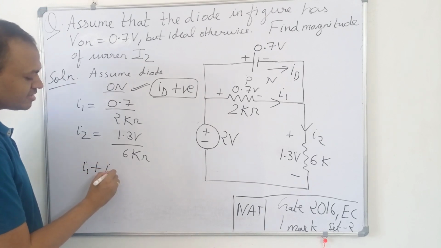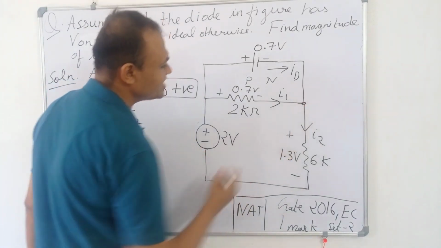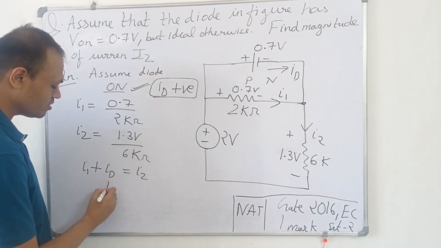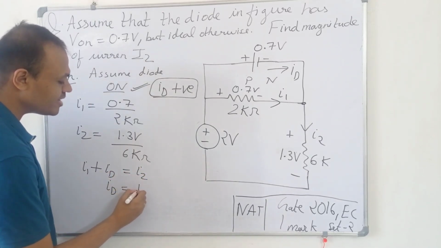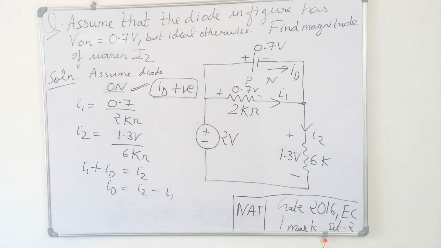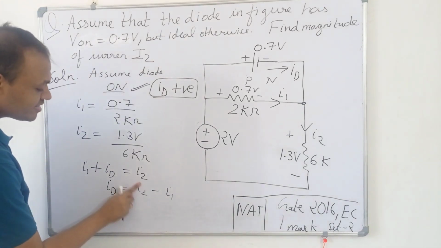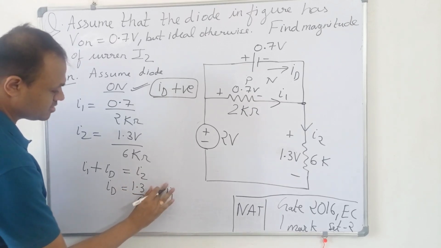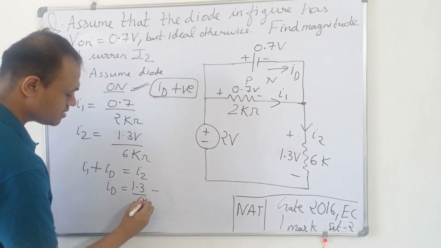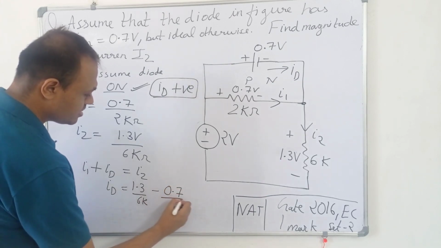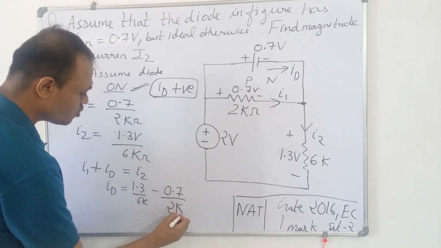If we apply Kirchhoff current law at this node, then I1 plus ID should be equal to I2, or ID will be equal to I2 minus I1. So I2 is 1.3 upon 6k and I1 is 0.7 upon 2k.